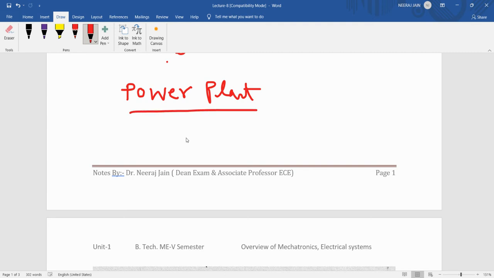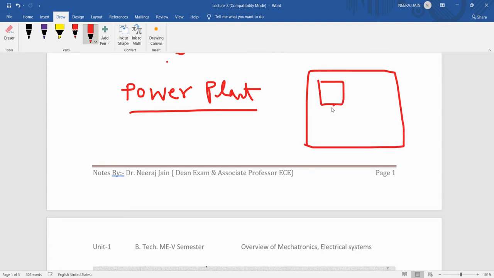It is like a control room. Different signals from the field come to the central room, which has the computer, and here the signals are monitored on the computer to control the whole plant.